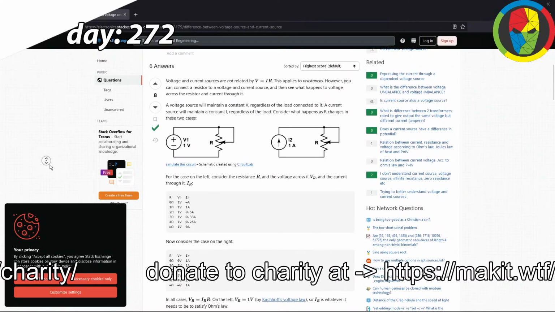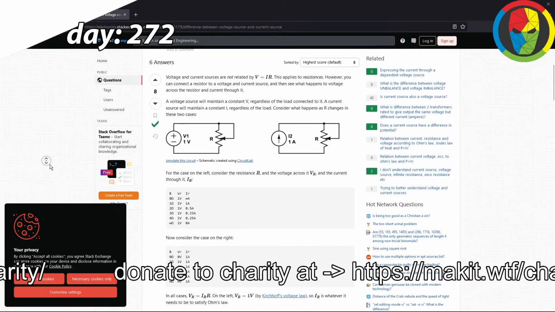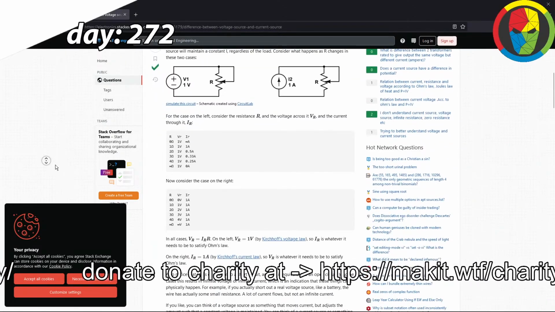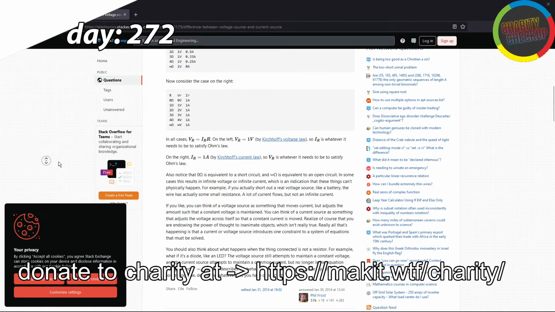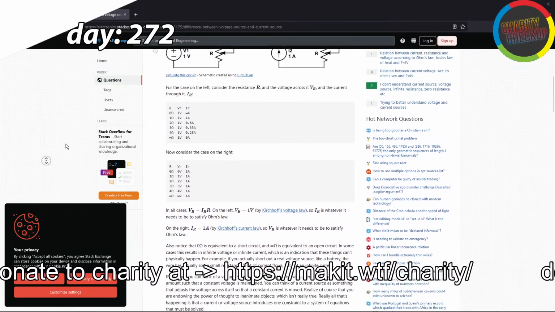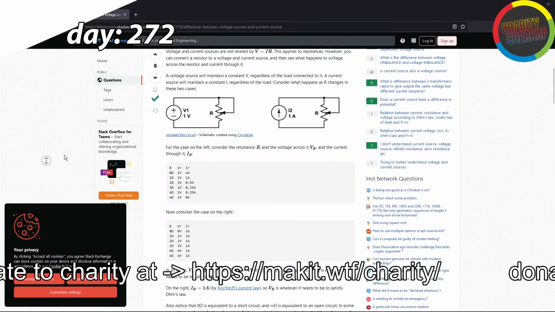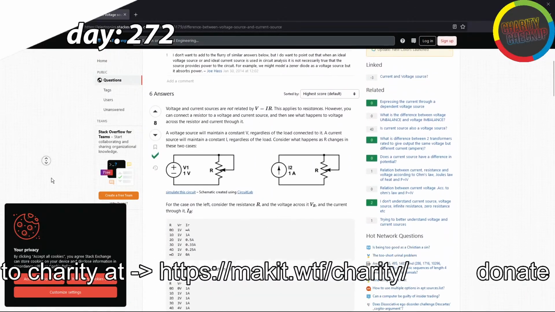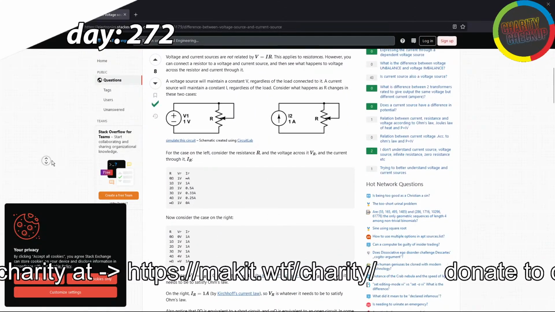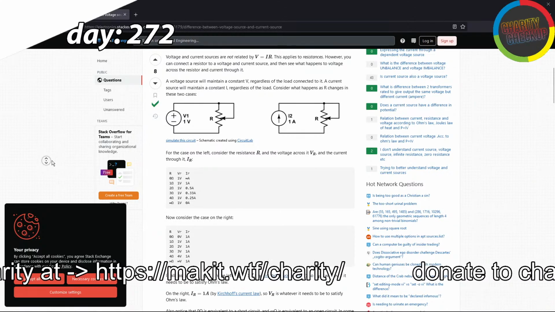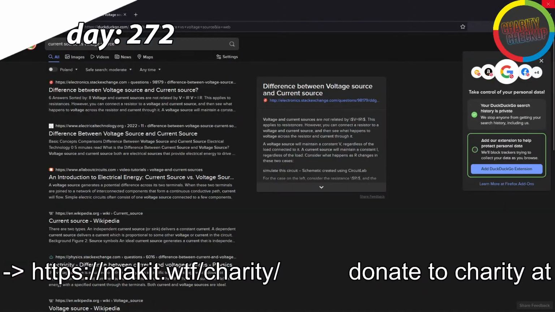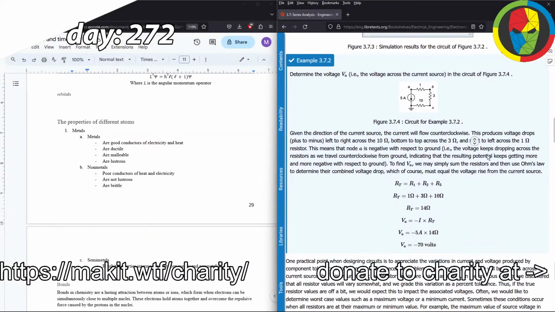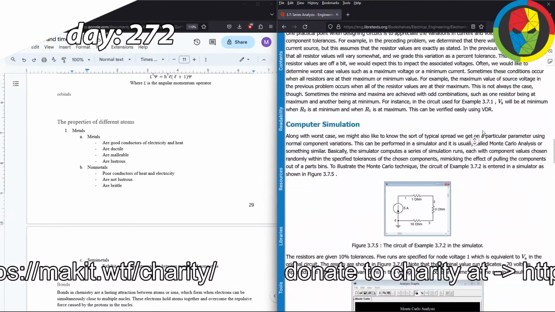The current source will maintain a constant I regardless of the load. That's the only difference. That's easy. I can live with that.